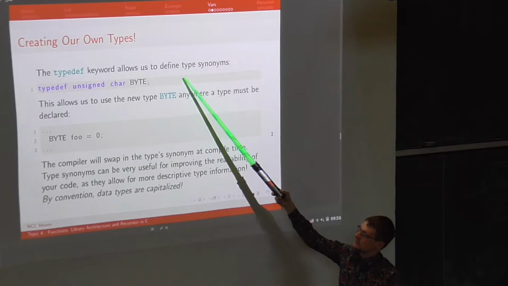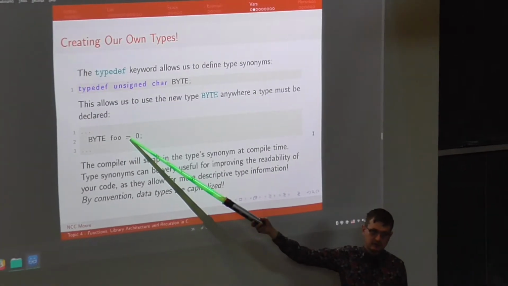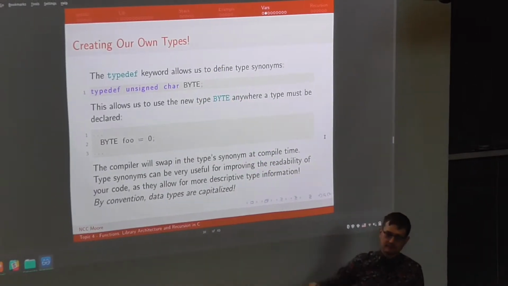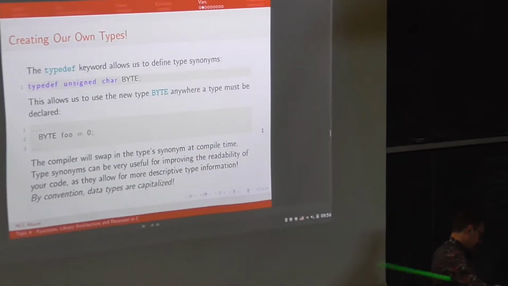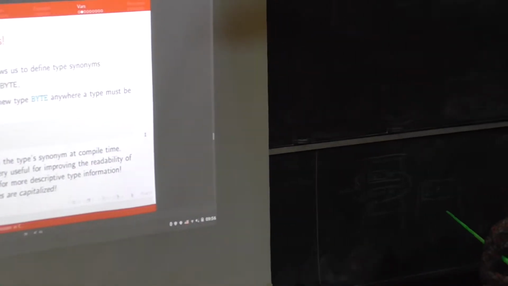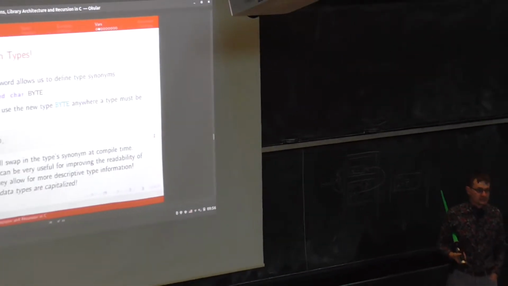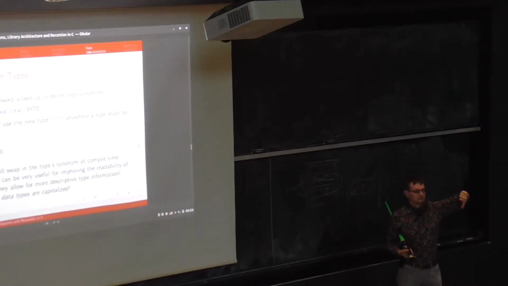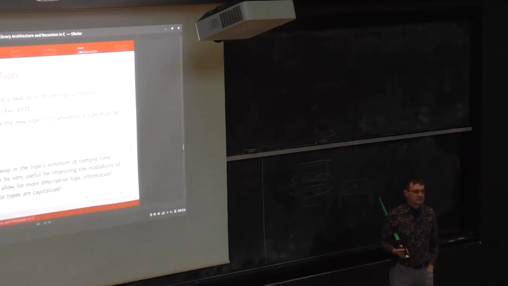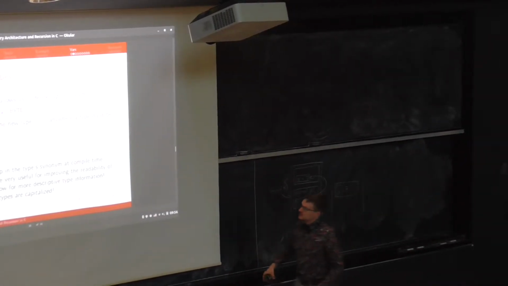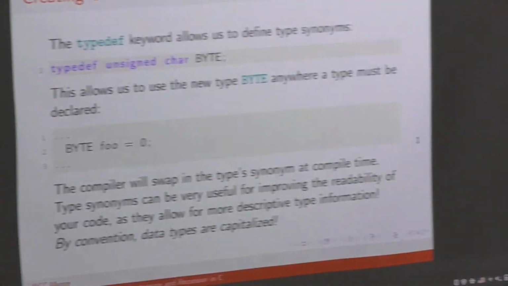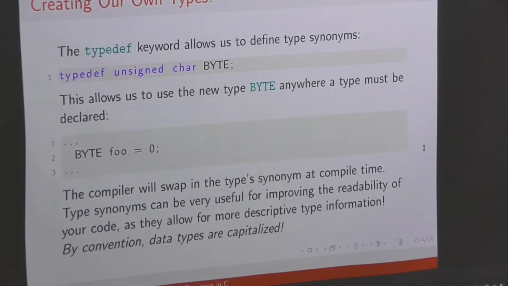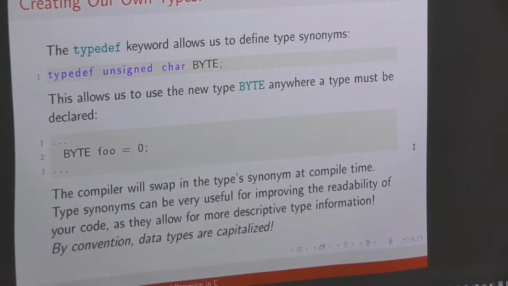So after this, this becomes a valid line of code declaring a variable of the type that's been defined here, right? Now, I will sometimes refer to these as type synonyms. Everybody know what a synonym is? Anybody not? It's two words that mean the same thing. The compiler will swap the type's synonym in at compile time. So this basically sets it up as a preprocessor step.